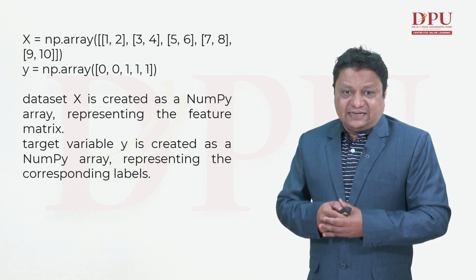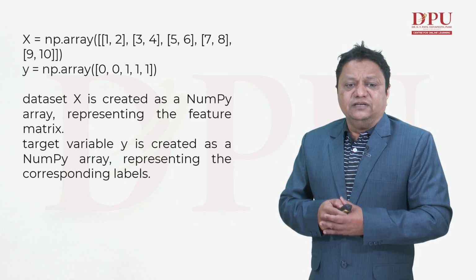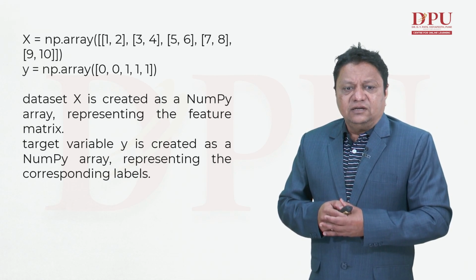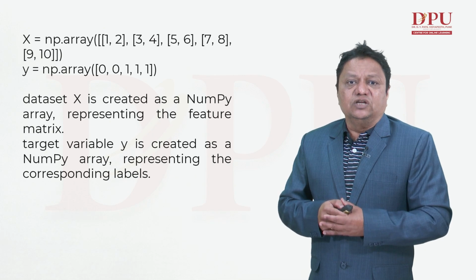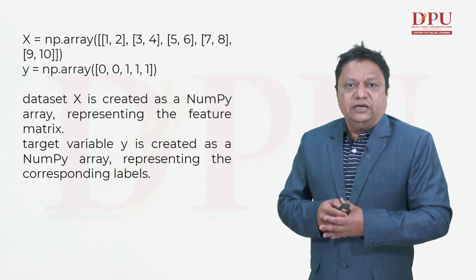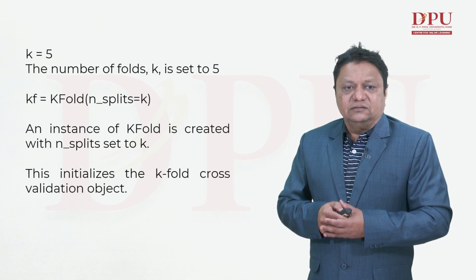So, data set x is created as a numpy array representing the features, the feature matrix, and target variable y is created as a numpy array representing the corresponding labels. As you can see, there are 5 labels, each one represents a single data point.